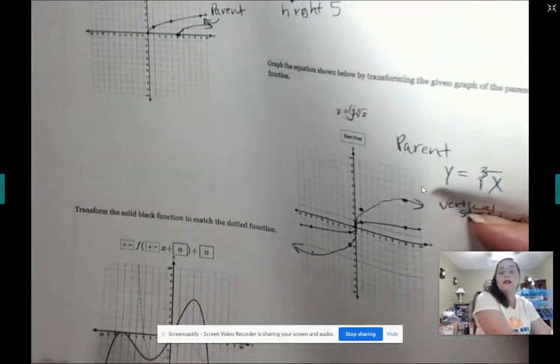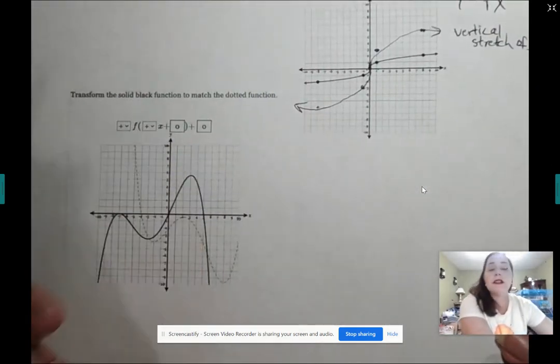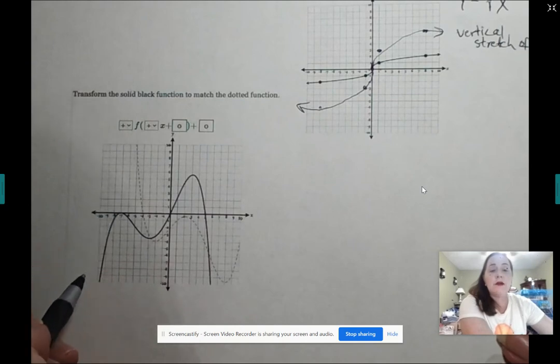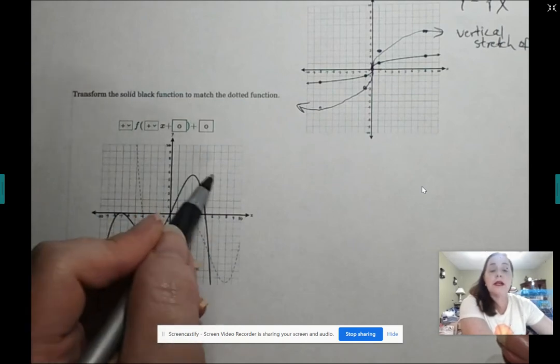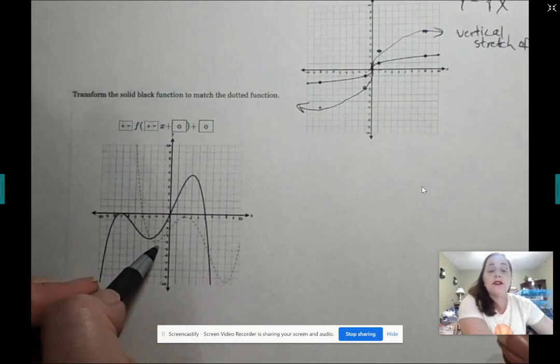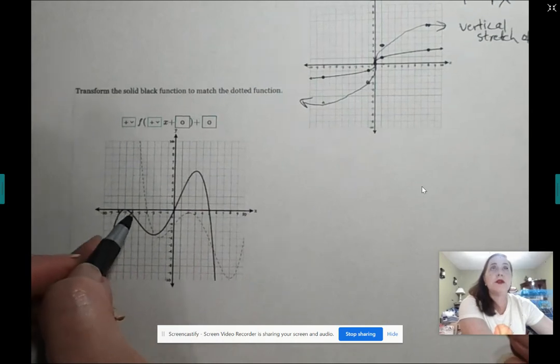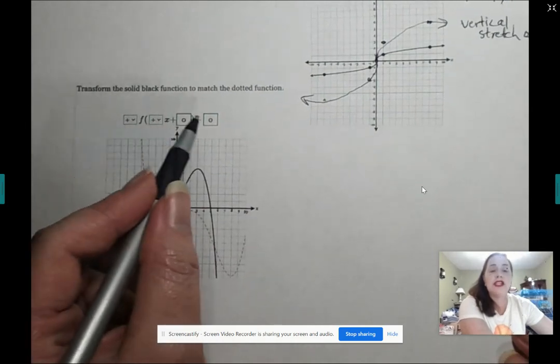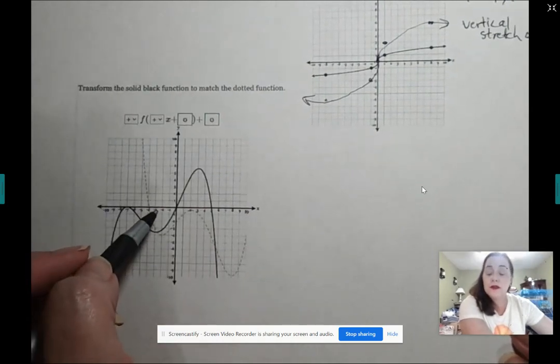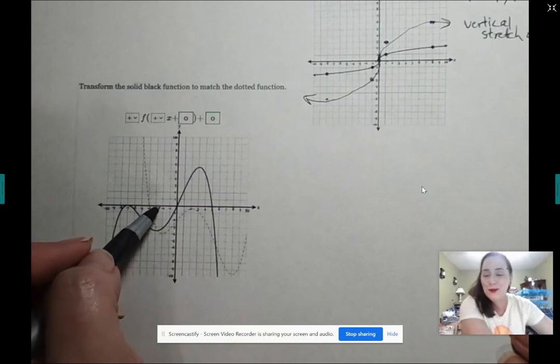And then the last thing is any function that we're given. If we see an original, which is the black function, the dark one, we want to convert it to the dotted one. And I love this because it's an actual animation. So as you make changes, it will show you what it would look like with those changes so that you can change your mind if you want.